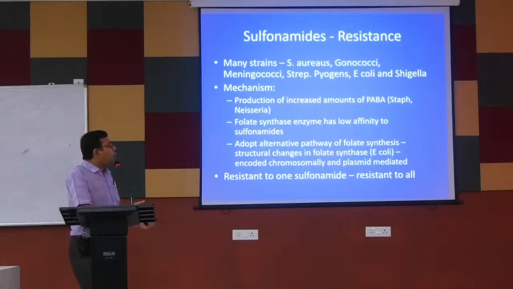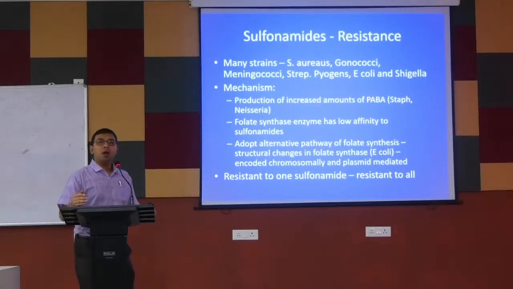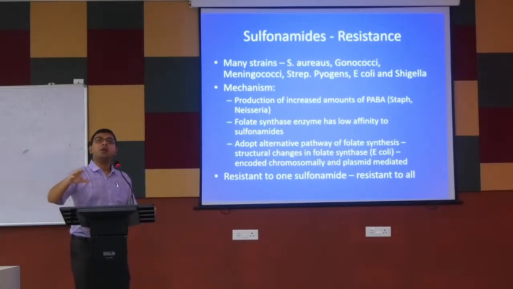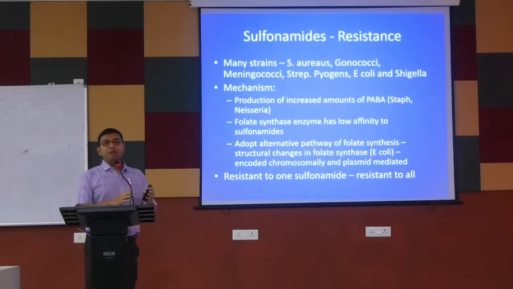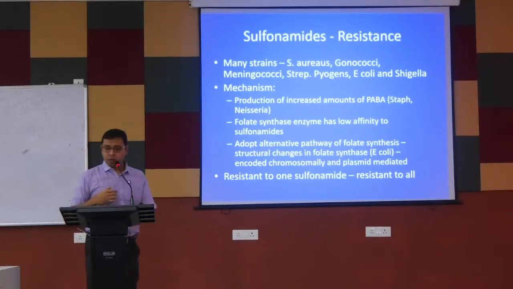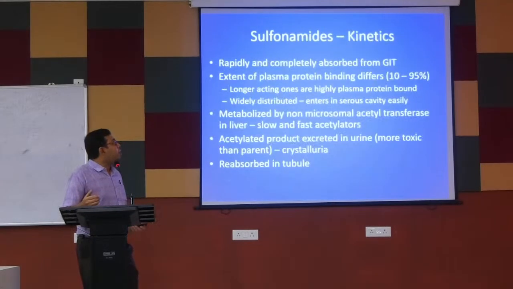If resistance to one sulfonamide happens, it becomes resistant to all types of sulfonamides. So we know that due to the indiscriminate use of different types of antibiotics, different types of infections become resistant to them. Previously, in the 70s, 80s, 90s, the sulfonamides were very effective against many organisms. Now it has been seen that many organisms develop resistance.